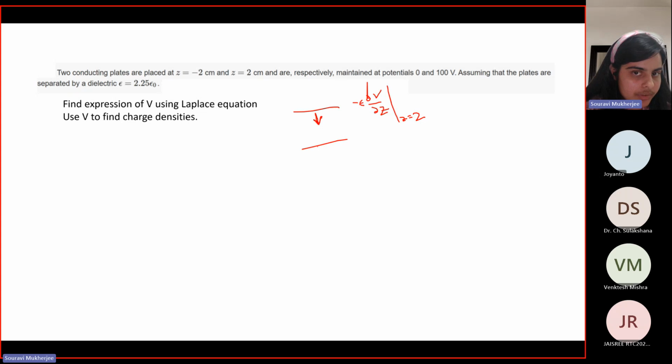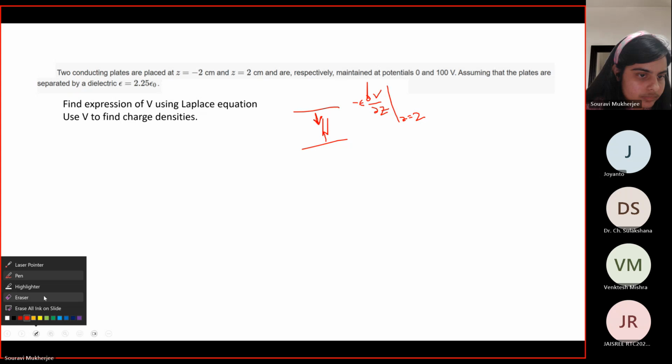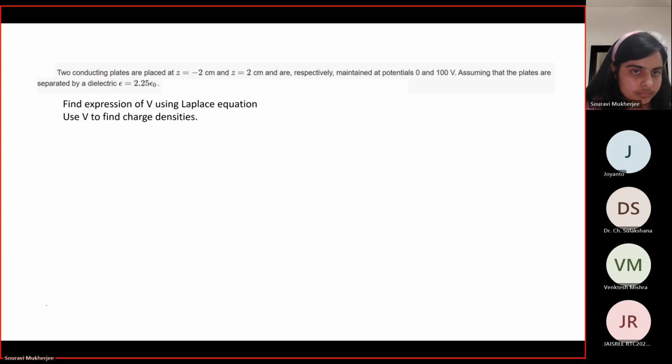And when you talk about the surface at Z equal to minus 2, your normal component is pointing upwards. So in one case your N cap will be minus Z, while here it will be plus Z. Is it clear, guys? Yes, ma'am. Okay.